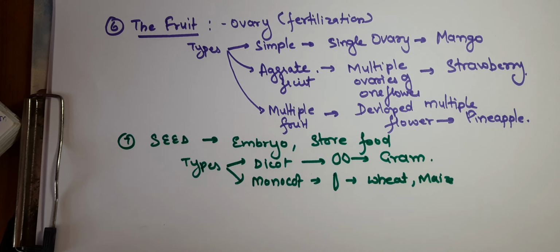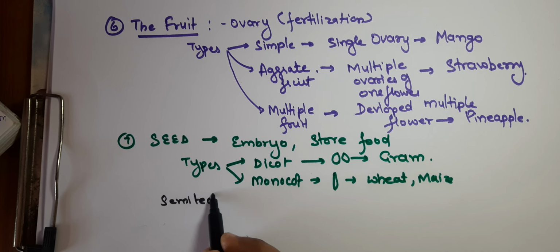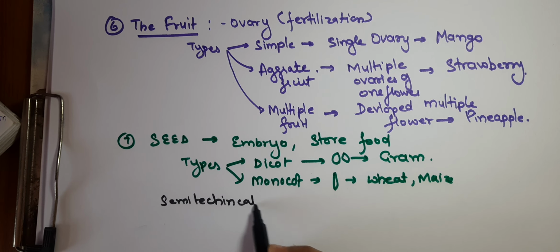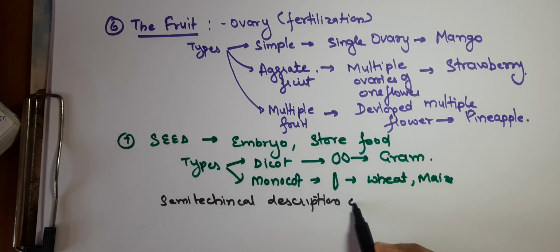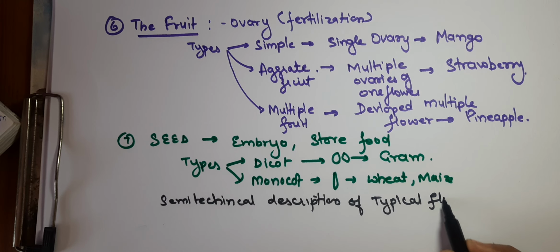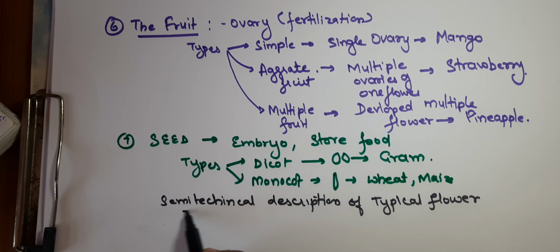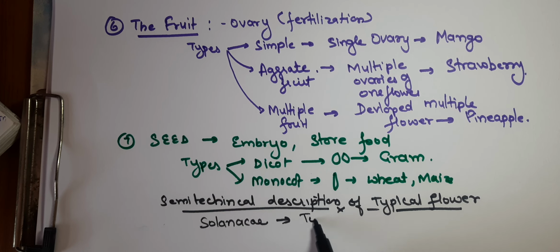Now before closing the video, let's talk about the semi-technical description of a typical flower. When we are providing a semi-technical description of a typical flower, it has to be done in a certain coding manner. So we are taking the example of Solanaceae. The examples of Solanaceae are the tomato and the potato.